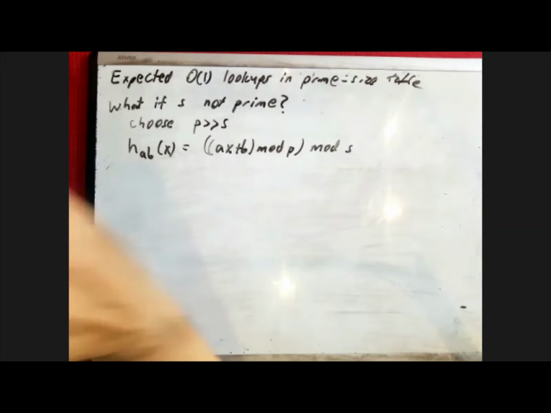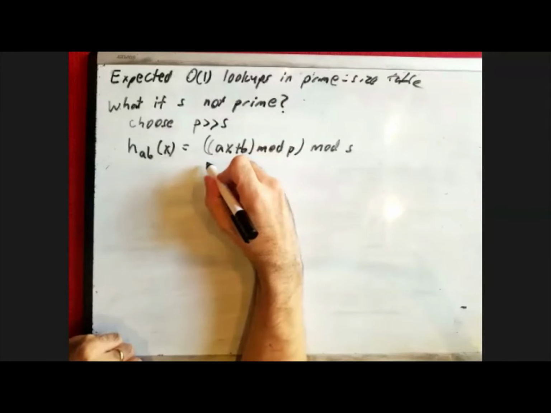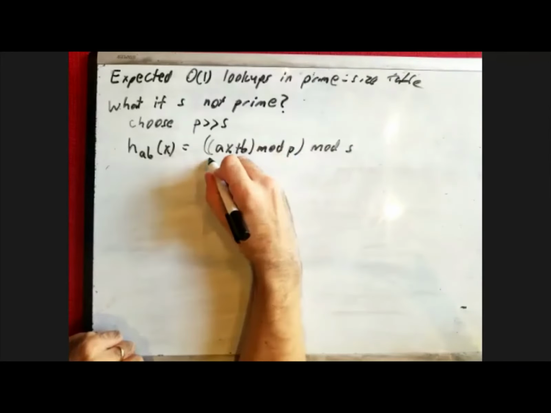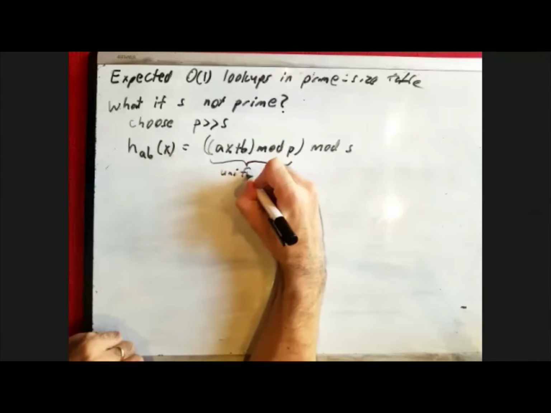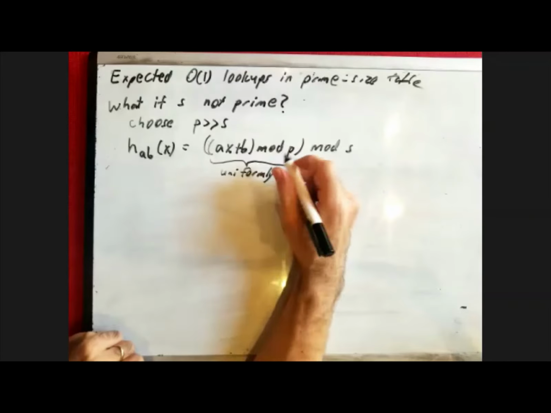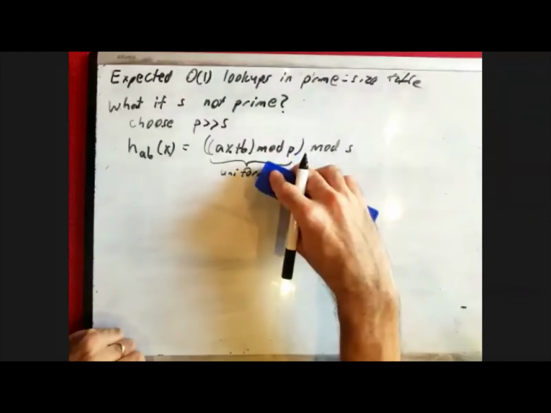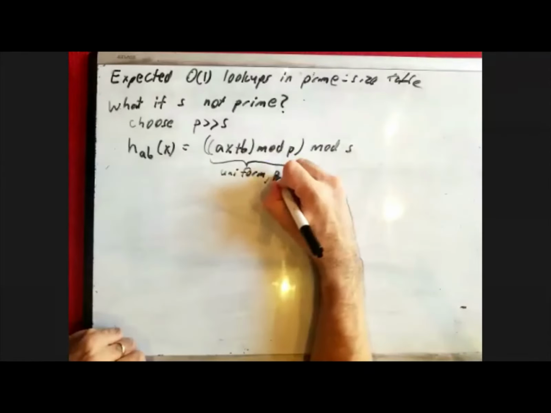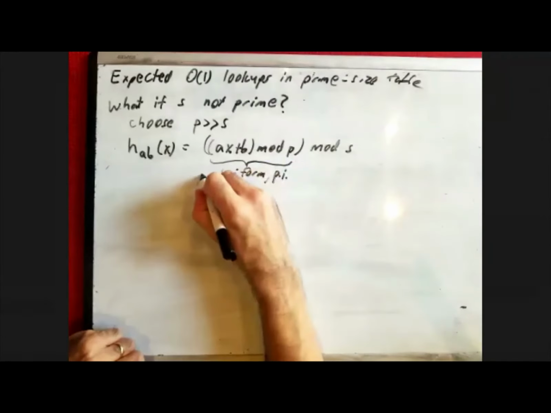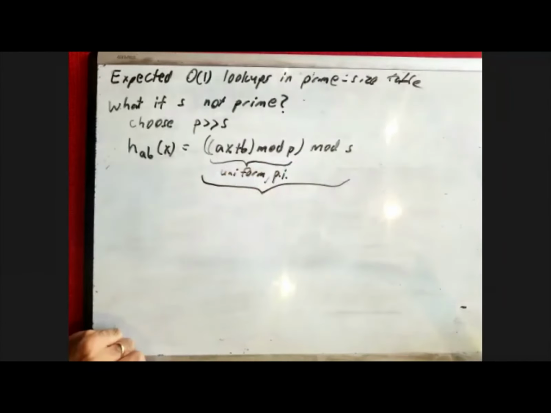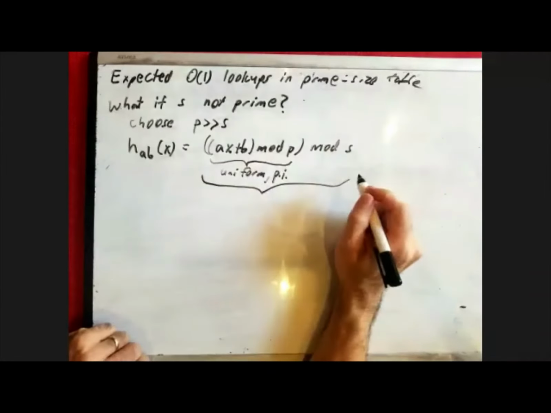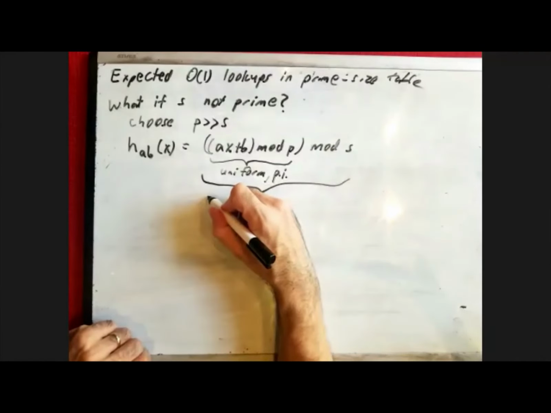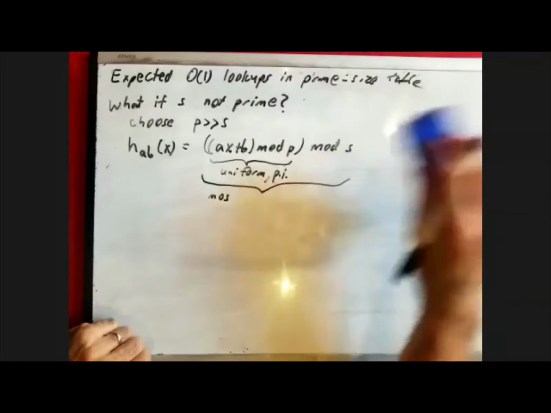Okay. Why is that? Well, the point is that we know that our HAB function spread things out uniformly and pairwise independently. And as a result, when we collapse that to a table of size S, they're going to be close to uniform.